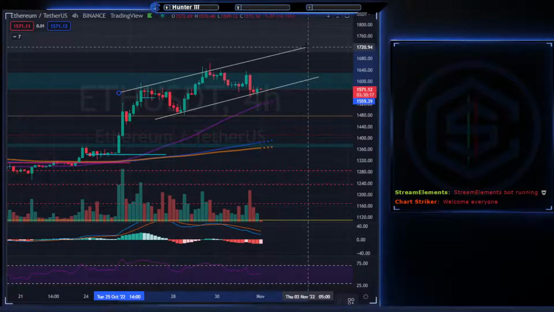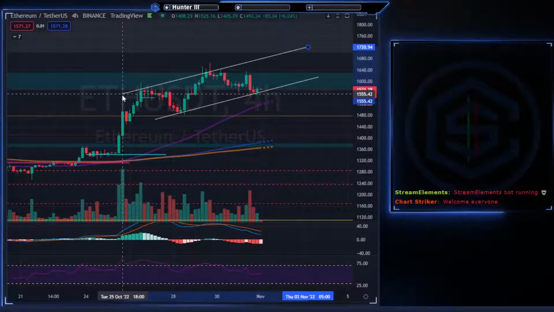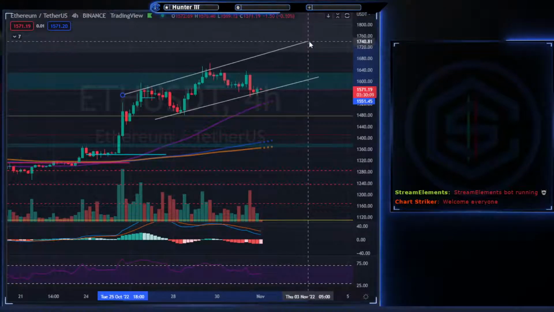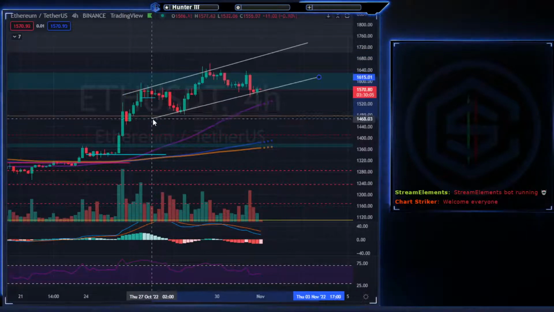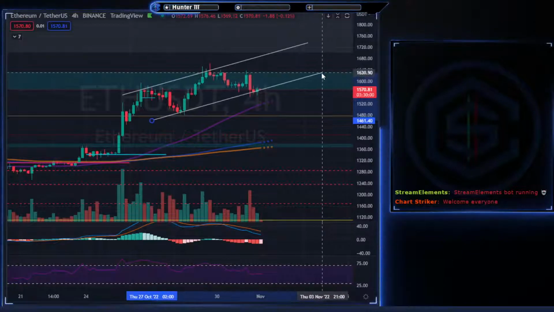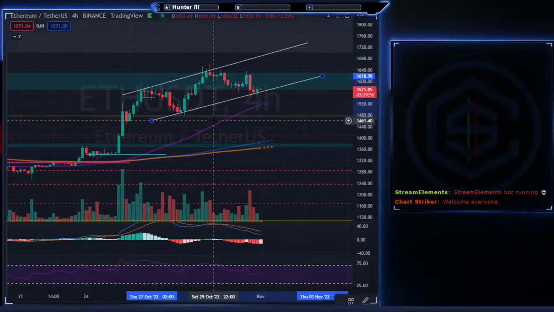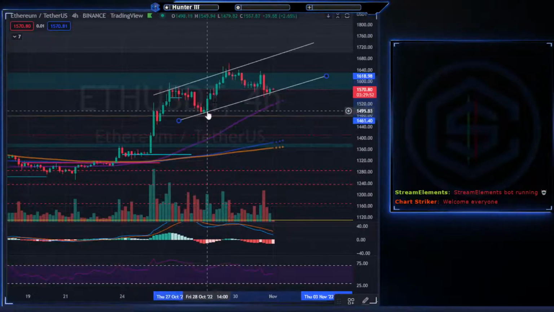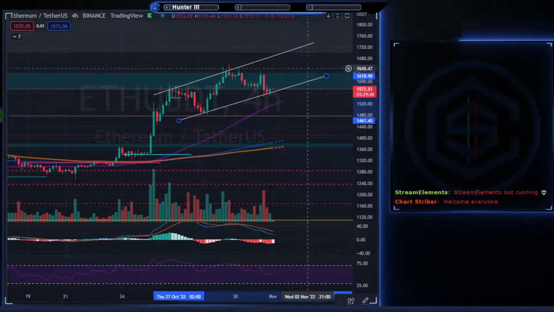We're also respecting some resistance if we draw a trend line like this. This does not look that good for Ethereum USDT actually.